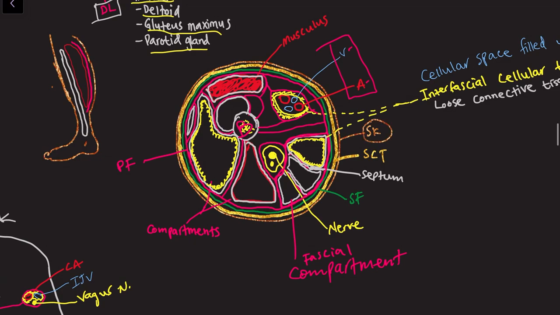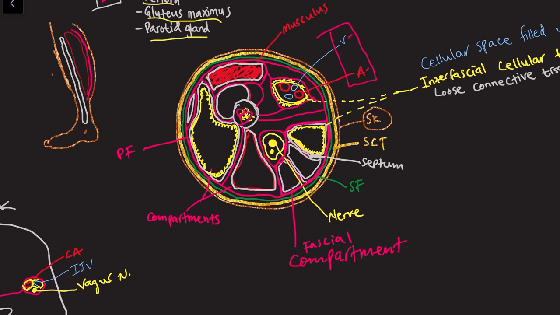And then after that, you have the subcutaneous tissue. And then that is followed by the superficial fascia, right? And then, look at that. After that, it's followed by the proper fascia, right?